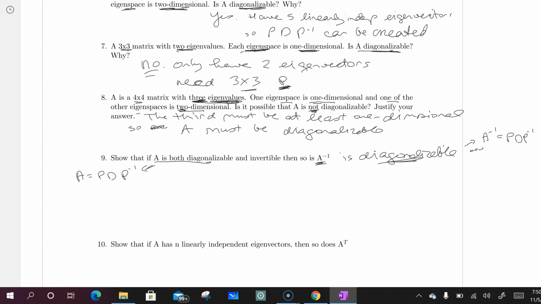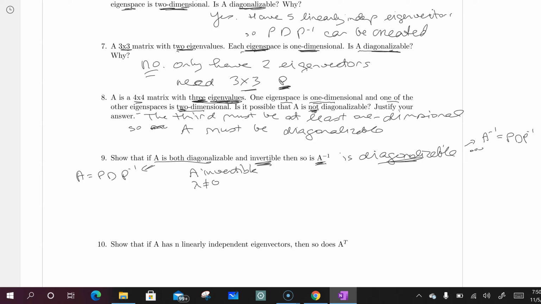So let's take this true statement and think about it. If I know that A is invertible, what do I know? If A is invertible, that means lambda does not equal 0, right? Because if lambda equals 0, then it is not invertible.